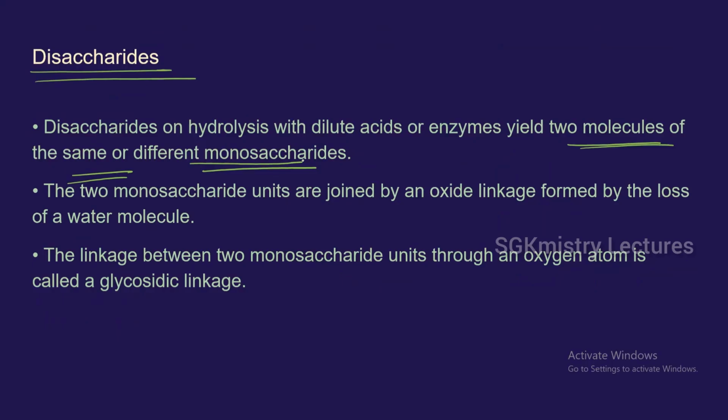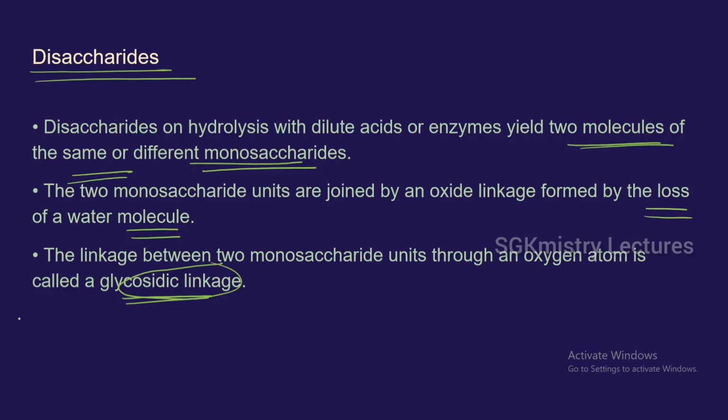These two monosaccharide units are joined together by an oxide linkage, which is formed by the loss of a water molecule. This type of linkage between the two monosaccharide units through the oxygen atom has a special name: the glycosidic linkage.